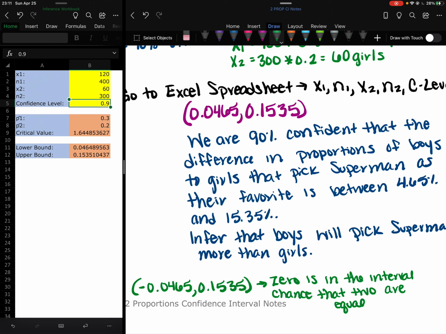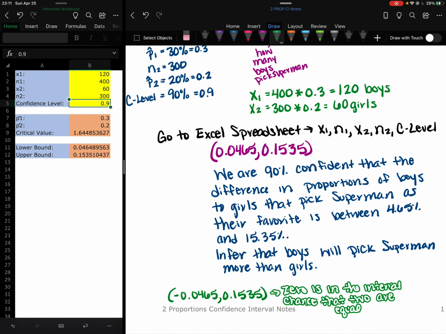So if both of the numbers in your confidence interval are positive, then the first group is higher. If they're both negative, the second group is higher. If one is negative and one is positive, that means 0 is in the interval, so there's a chance that the two groups could be equal to one another.